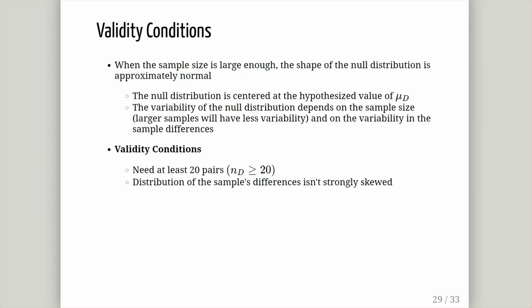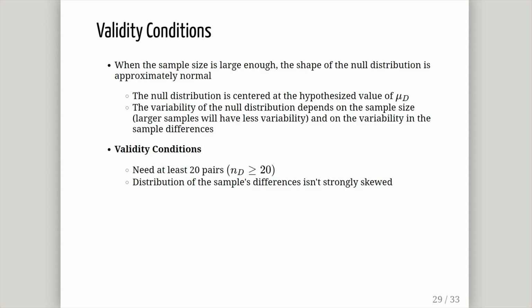You cannot always use theory-based approaches, as we've learned in chapters 1, 2, 5, and 6. We need to make sure some conditions are satisfied. These conditions are called validity conditions. In chapter 7, the validity condition is the following.